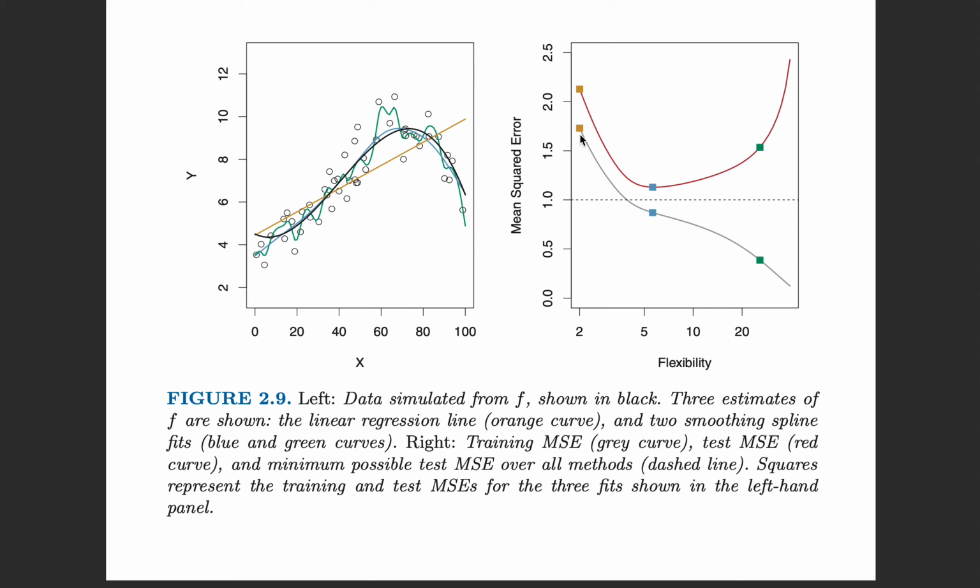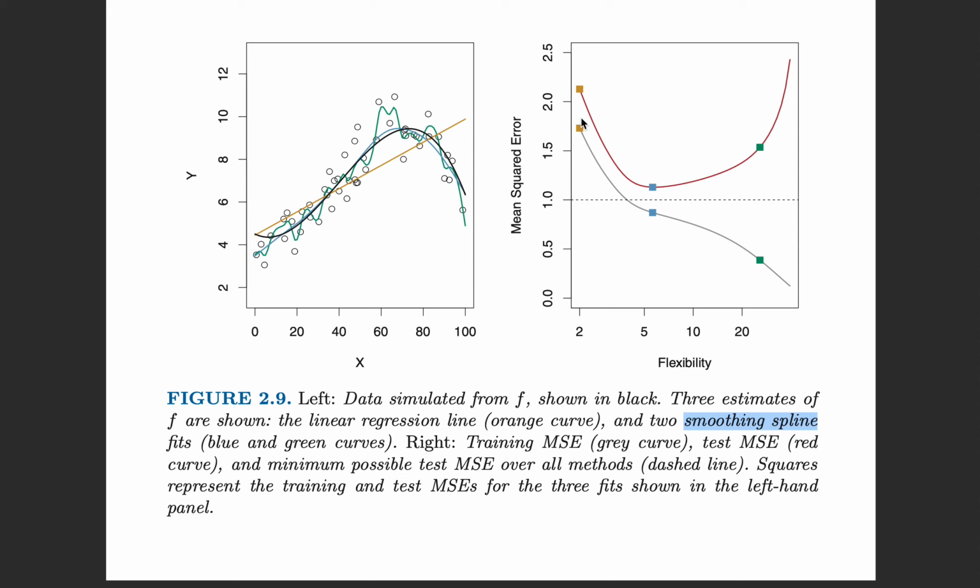So this curve here represents the training error, and this is the test error. As we can see, as the flexibility, which here refers to the flexibility of this curve fitting procedure, the smoothing spline, increases, the mean squared error becomes smaller because this curve becomes more flexible and is able to pass through the data points better.